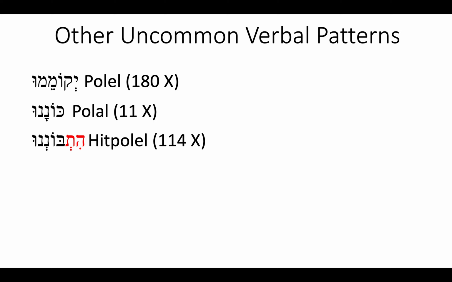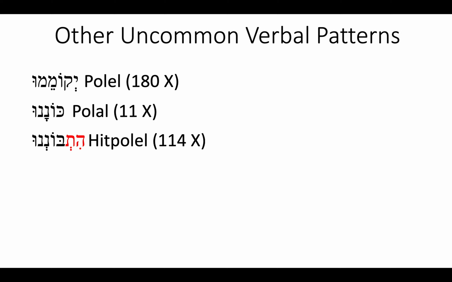And then we have another funky form, Hitpolel. Again, Sáenz-Badillos talks about all these in great detail, so if you want to know more, there's a lot more information there. So the Hitpolel combines the fun of Hitpael with the duplication of the Polel, and so we get both phenomena.